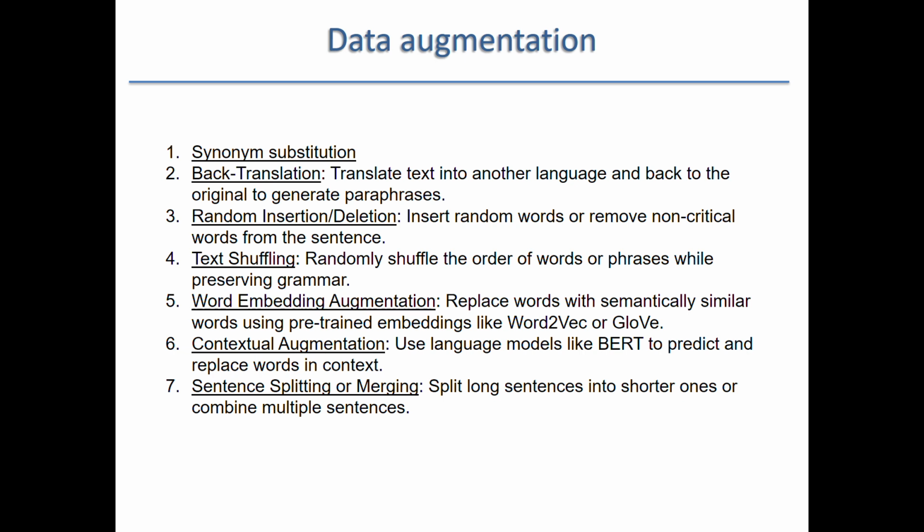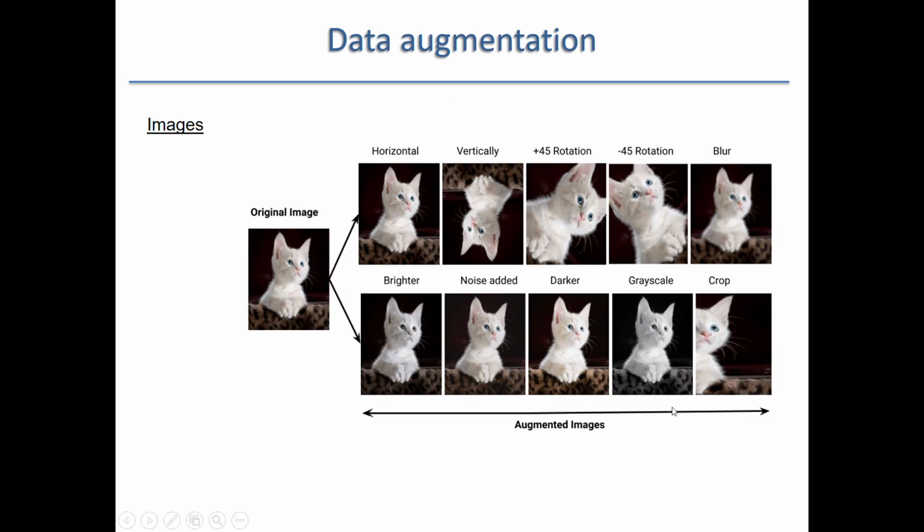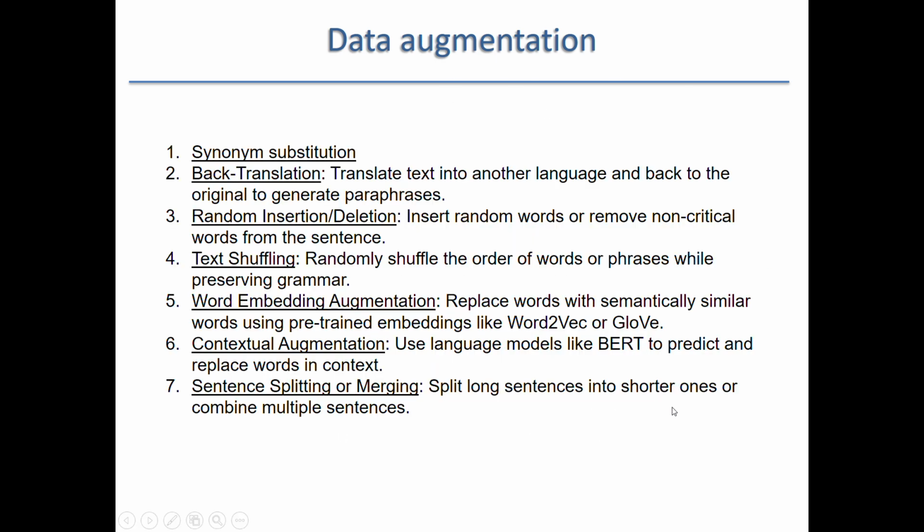Or you can split sentences or merge sentences into larger ones. So you can see there are many operations that you can do on words, so that you can do a kind of data augmentation as we did in images. And in your context, you can also have some other data augmentation tools.